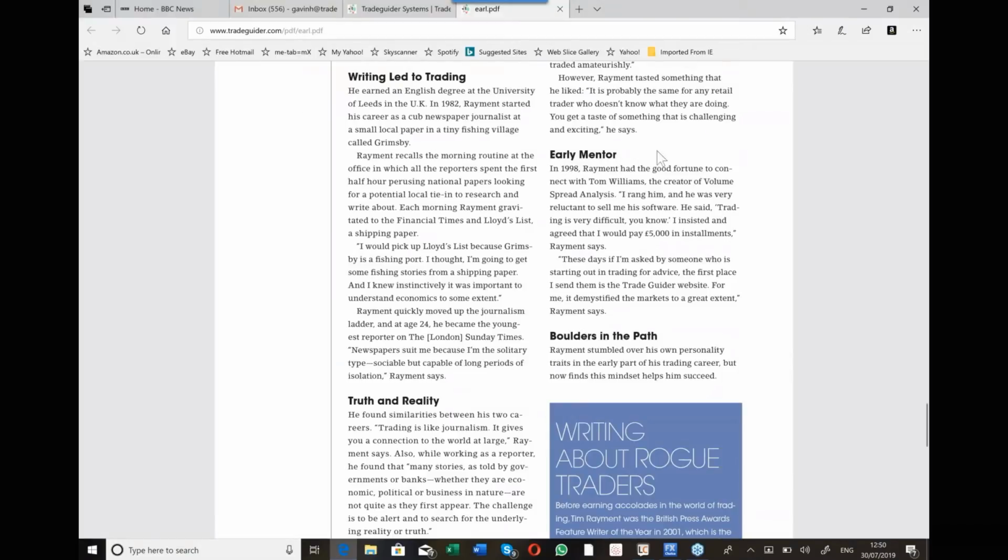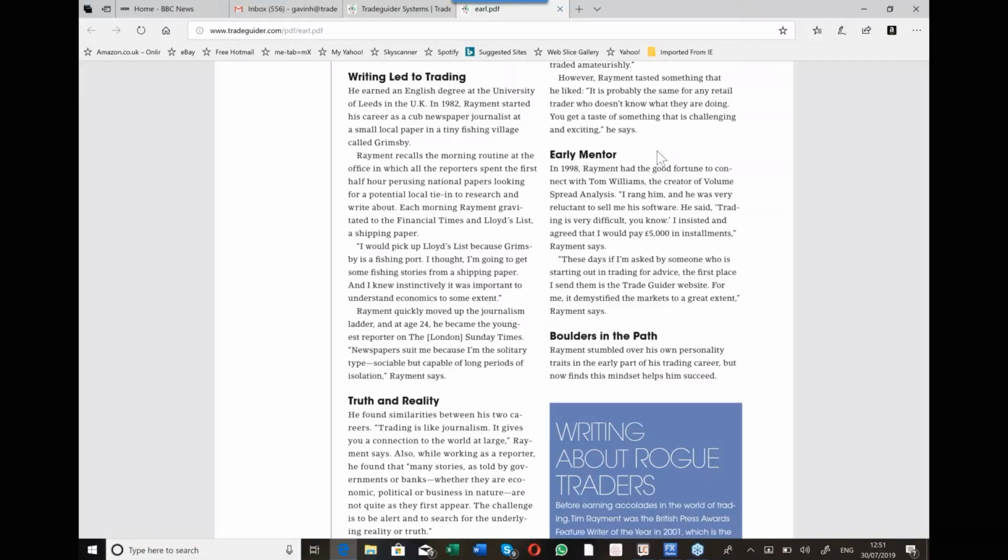It says, in 1998, Raymond had the good fortune, as I did, to connect with Tom Williams, the creator of volume spread analysis. I rang him, and he was very reluctant to sell me his software. He said, trading is very difficult, you know. I insisted and agreed that I would pay £5,000 in instalments, Raymond says. And we're talking about 1998, by the way.